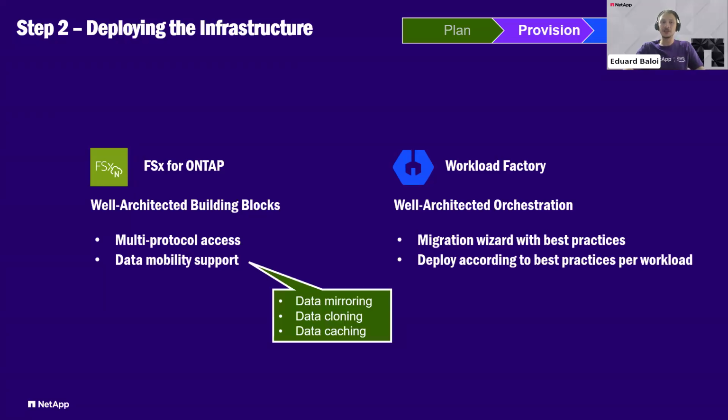Expanding a bit on the data mobility support. As we can see, we are able to migrate volumes from our ONTAP operating systems, leveraging SnapMirror, into FSx for NetApp ONTAP. But not only that, we're able to migrate it between different regions, different FSx for NetApp operating systems that might be on different AWS regions, as I've said.